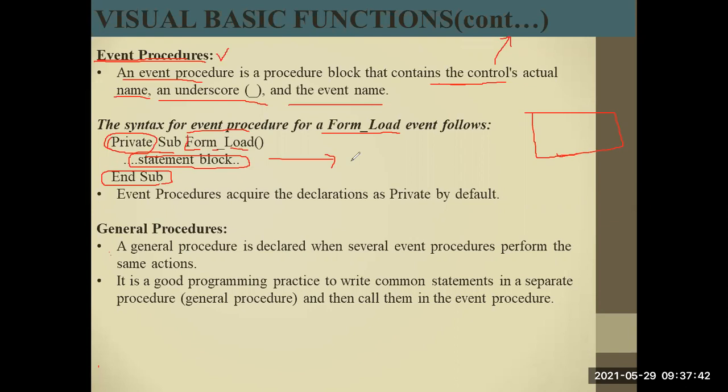The access specifier of an event procedure will always be private, and the rest of the things are the same. That means in between Sub and End Sub, you have to execute the set of statements. As already said, an event procedure requires a declaration as private, by default.